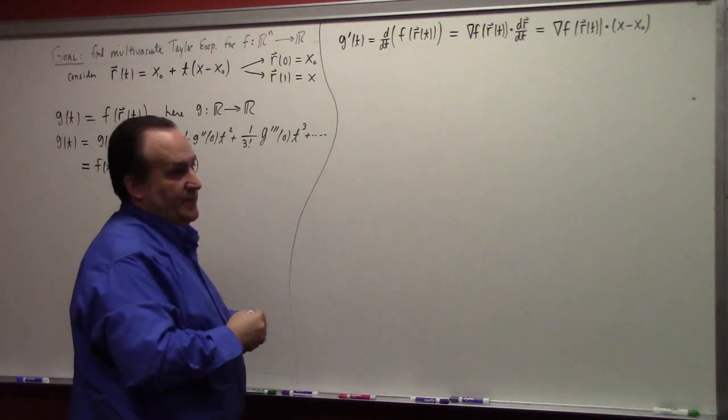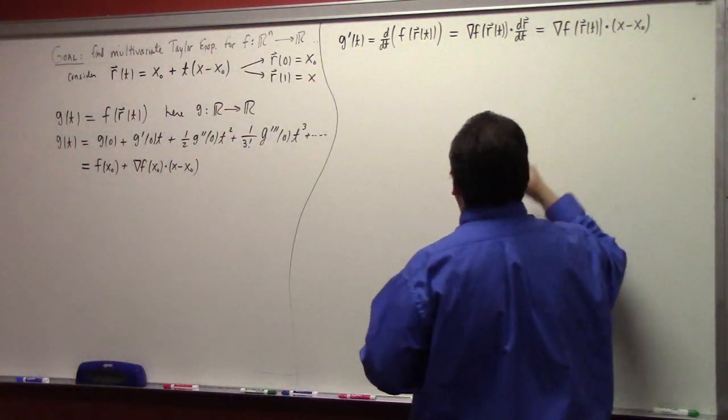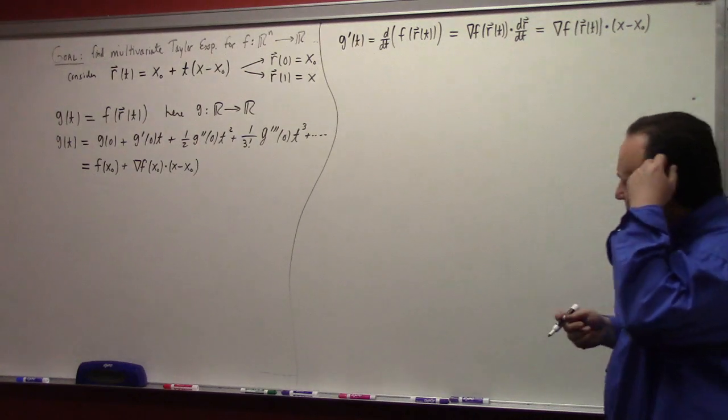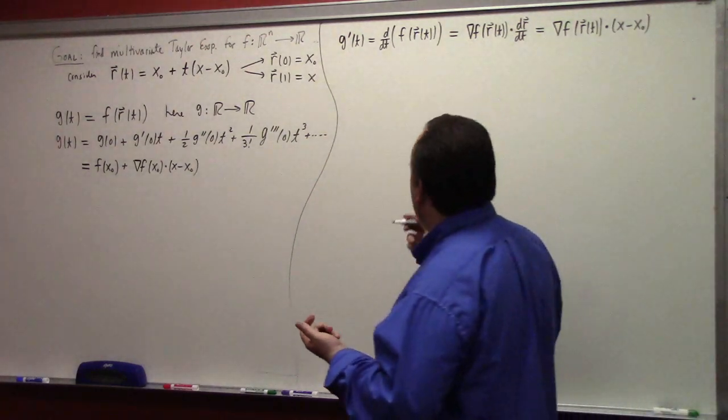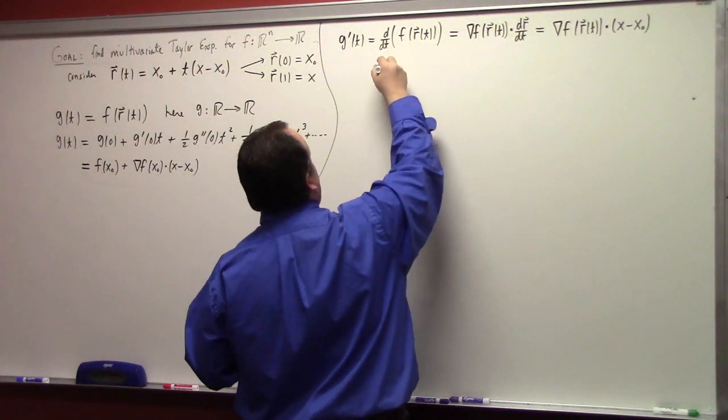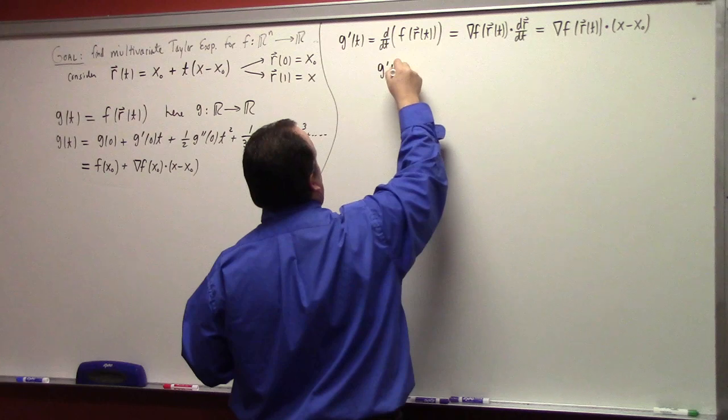I can see that from here because now I think it may be in our best interests to take a more summation notation approach from this point forward. So let's just calculate g prime of t. Let's not really calculate anything.